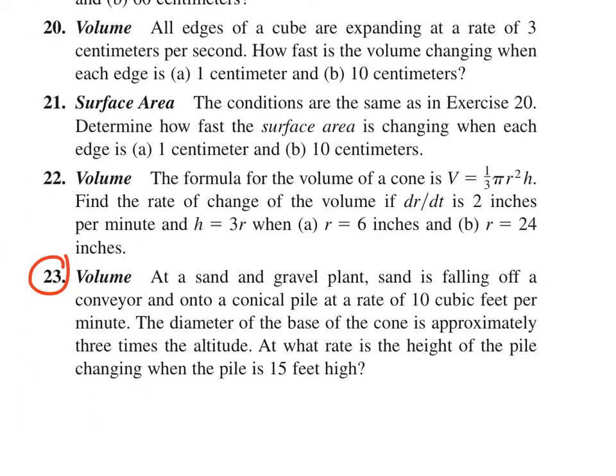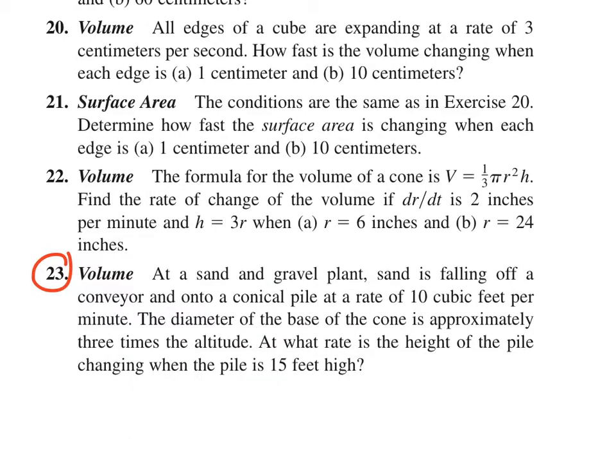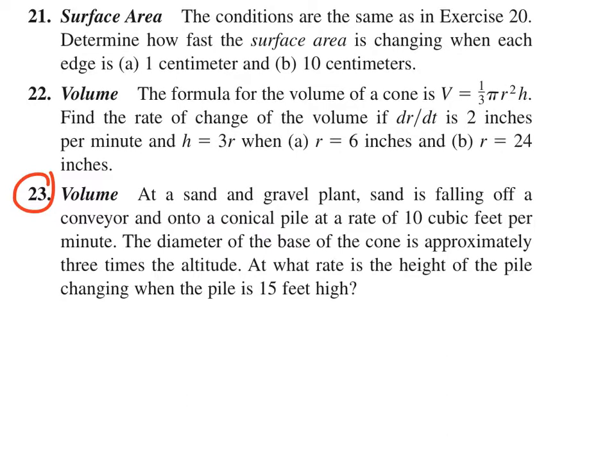Sand is falling off a conveyor and onto a conical pile. All right? It's kind of like the bottom half of an hourglass. You have this round base, and as sand falls down, it's going to land and naturally form this cone shape. All right. So it says, at what rate is the height of the pile changing?